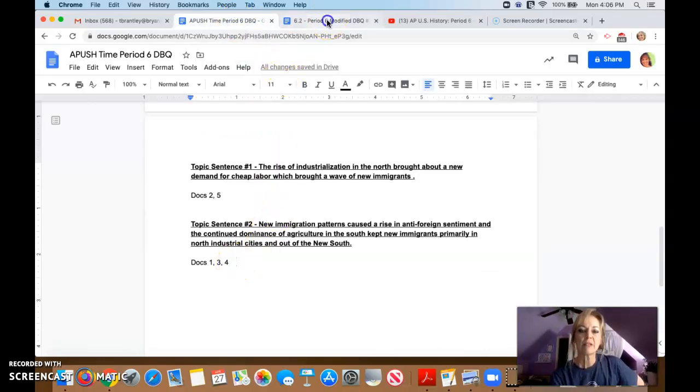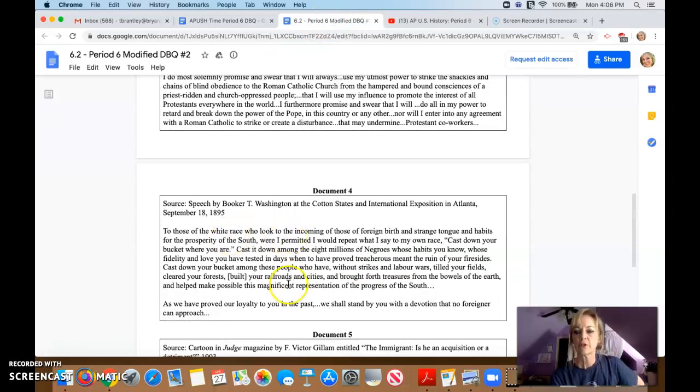And then last but not least, document 4, Booker T. Washington, where he says, to those of the white race who look to the incoming of those of foreign birth and strange tongue and habits for the prosperity of the South, I would repeat what I say to my own race, cast down your bucket where you are. In other words, you Southern people with the money and looking to hire people, hire the people that are already right here in the South and know how to do those jobs.